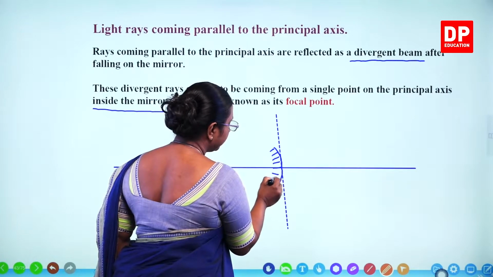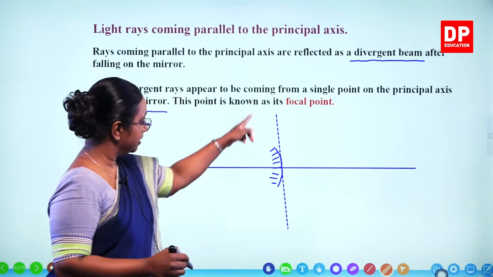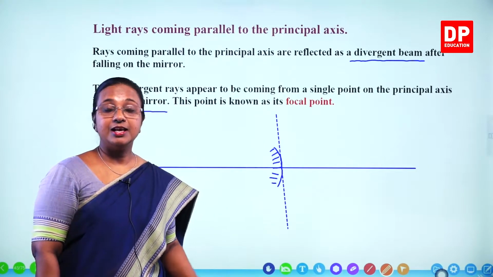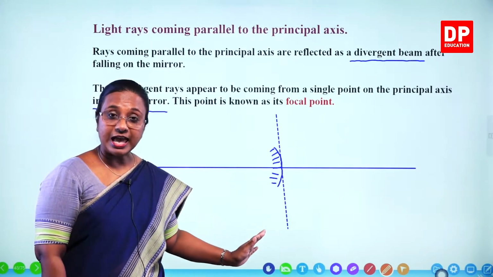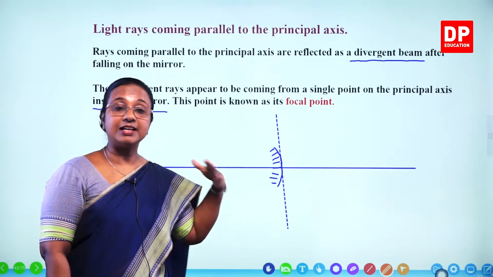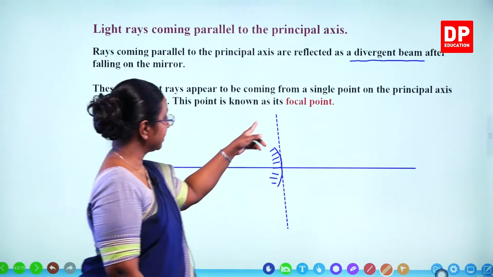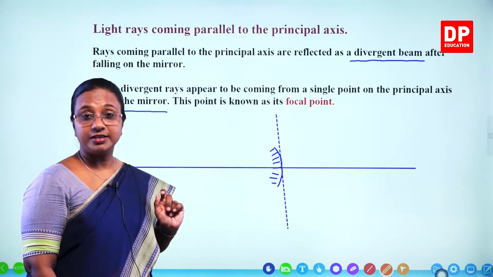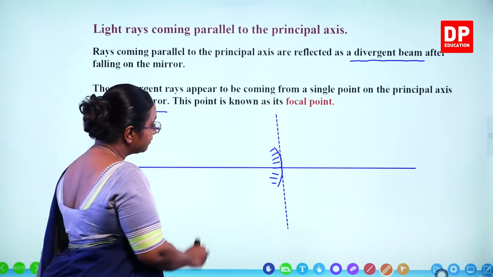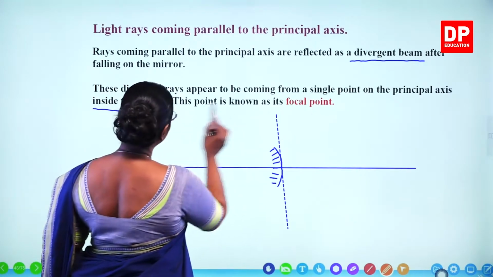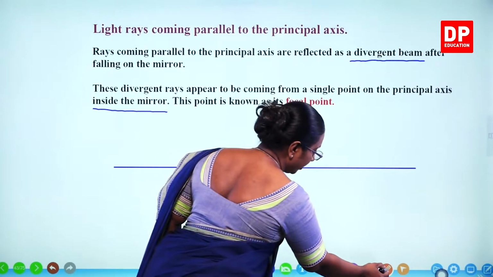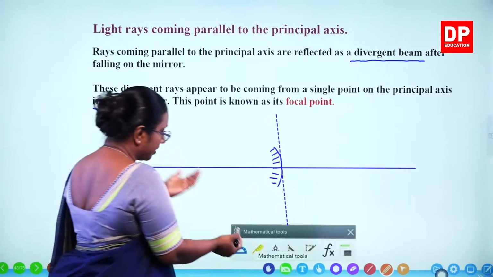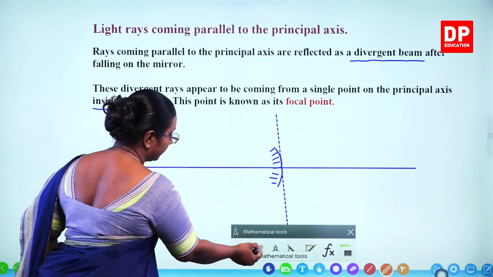Although we draw the mirror, we reflect the light along this line. Why? So that we can find exact angles. So this line indicates the mirror as we did for the concave mirror. So here for the convex mirror, you can see the focal point is going to be at the back or behind the mirror.